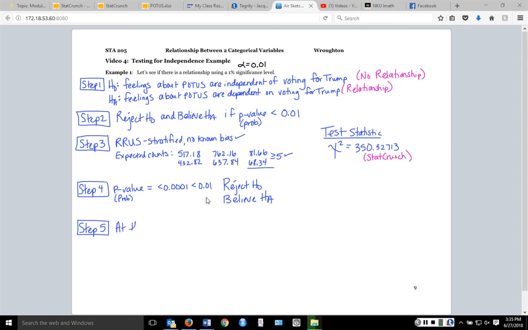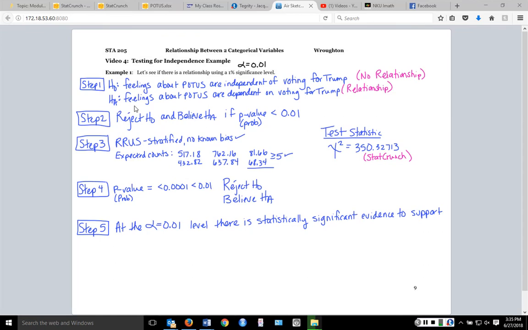So then when I write out my step 5, I always start with my significance level. And then, is there or is there not statistically significant evidence? Well, since we rejected, it is statistically significant. To support. And my last thing is the alternative hypothesis, but in words. And here for us, it already is in words.